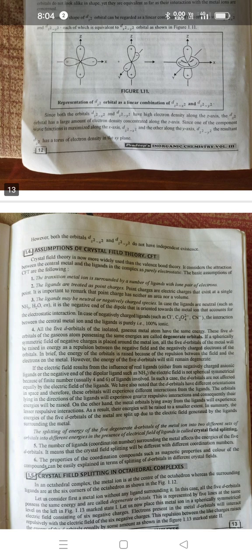For example, the crystal field splitting in the trivalent cobalt complex [Co(H2O)6] 3 positive is 18,600, whereas for the corresponding divalent [Co(H2O)6] 2 positive it is only about 9,400. The increase in the crystal field splitting is due to the increased charge on the metal ion, which tends to pull the negatively charged ligand more effectively towards itself.